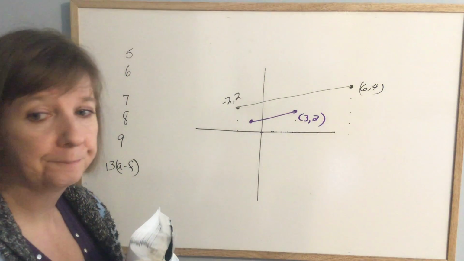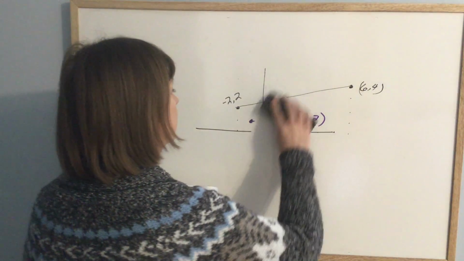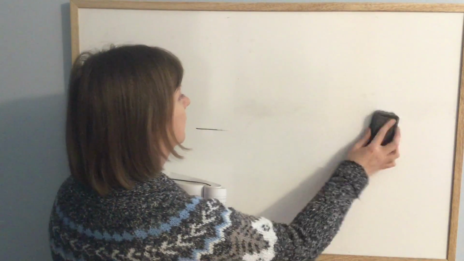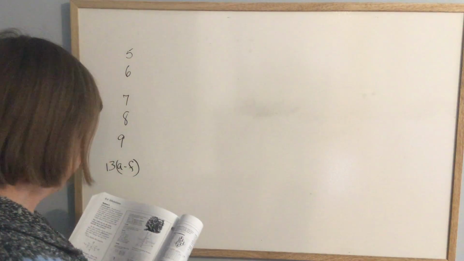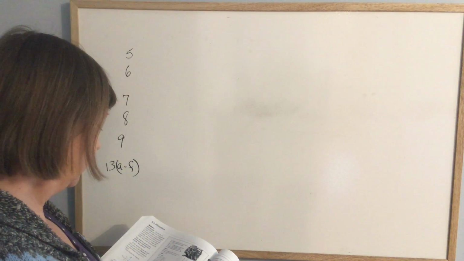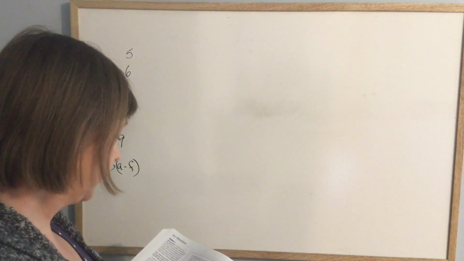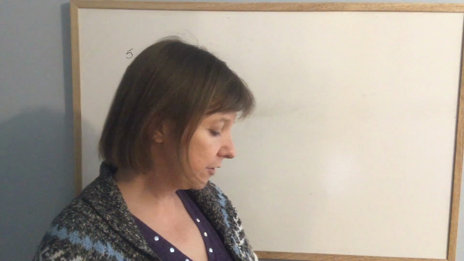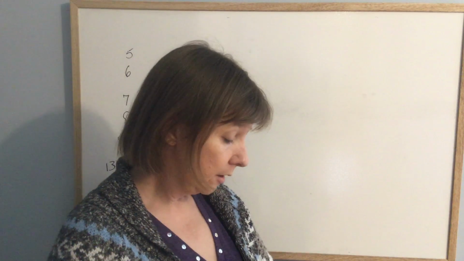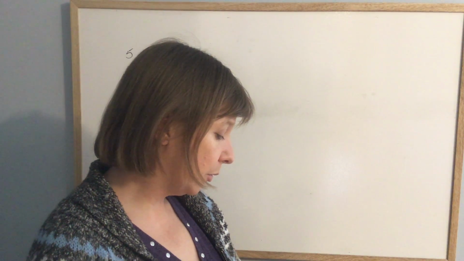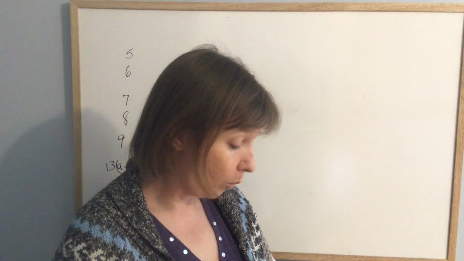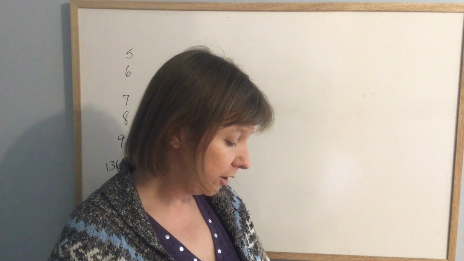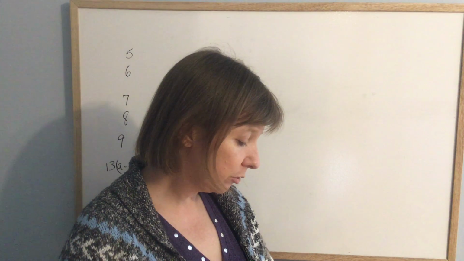All right? Seven. I think I'll just talk through 7 and 8 because they're the same. So in number 7, the point is at negative 1 and negative 1, and the other point is at 1 and 2, and they want you to multiply both of them by 3.